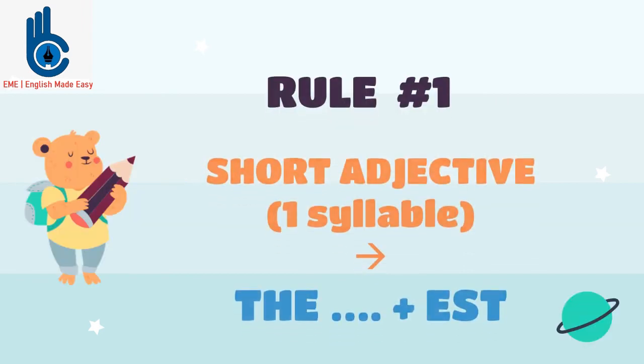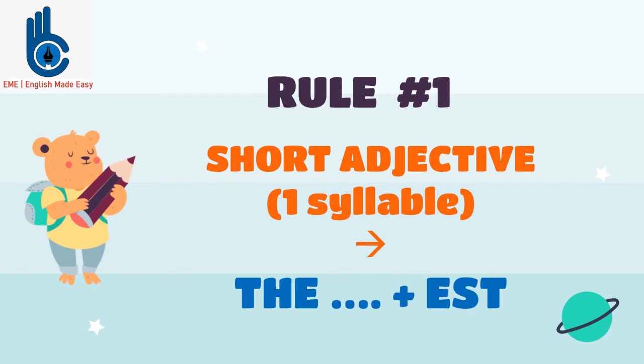Rule number 1. For short adjective with one syllable, we put the followed by adjective followed by est.